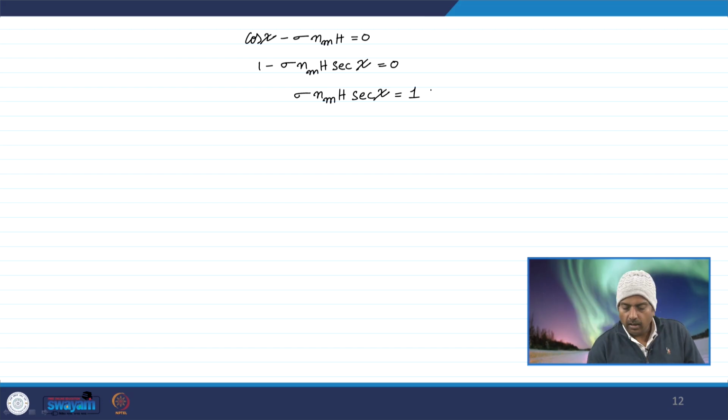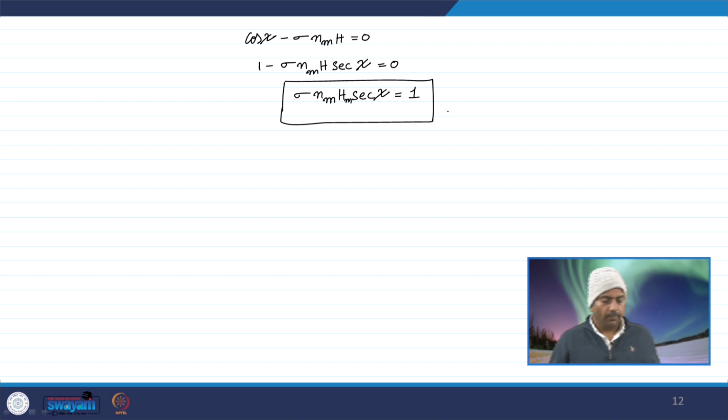So, scale height, I also define the scale height with a subscript m, just to be simple. So, sigma n m H m secant chi is equal to 1.